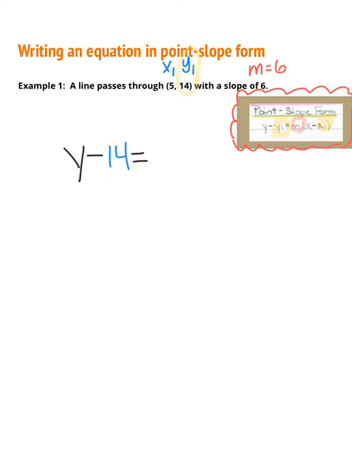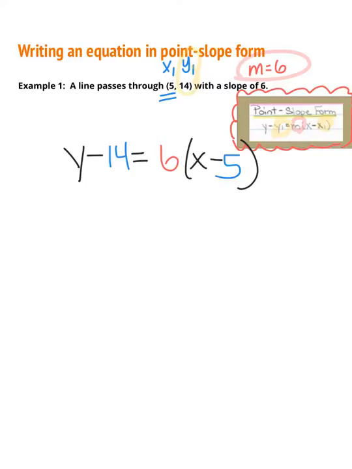Remember we had our m value of 6. I'm going to bring the m value into the equation and then start my parentheses for the quantity x minus, and I need that x value, which was the 5. So right here, in our point-slope formula, we plugged in the point, the 5 and the 14.